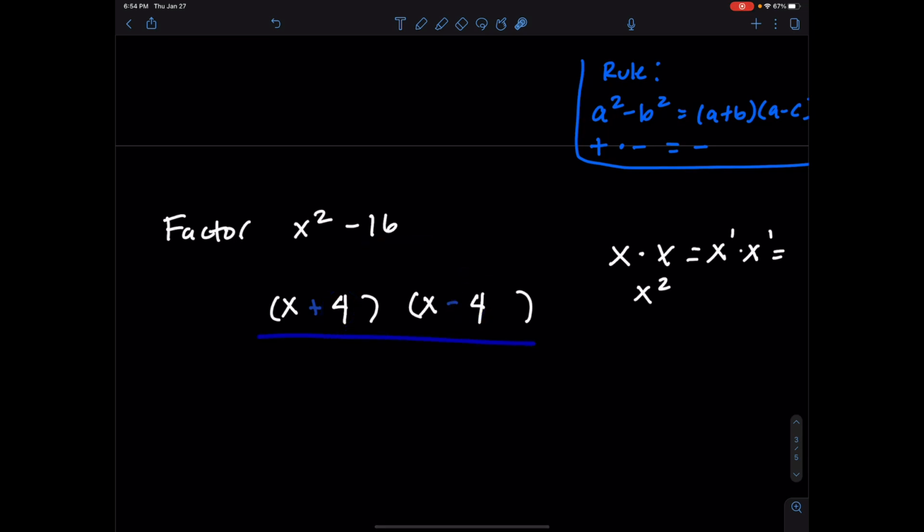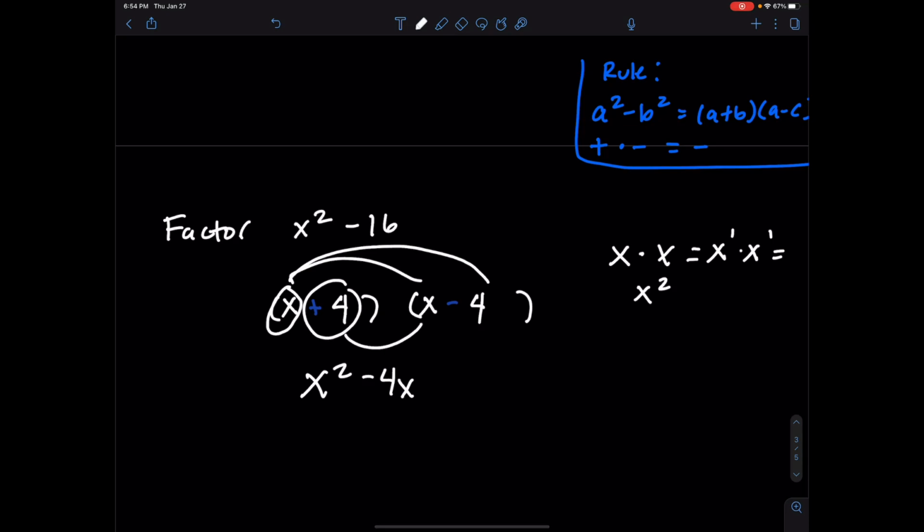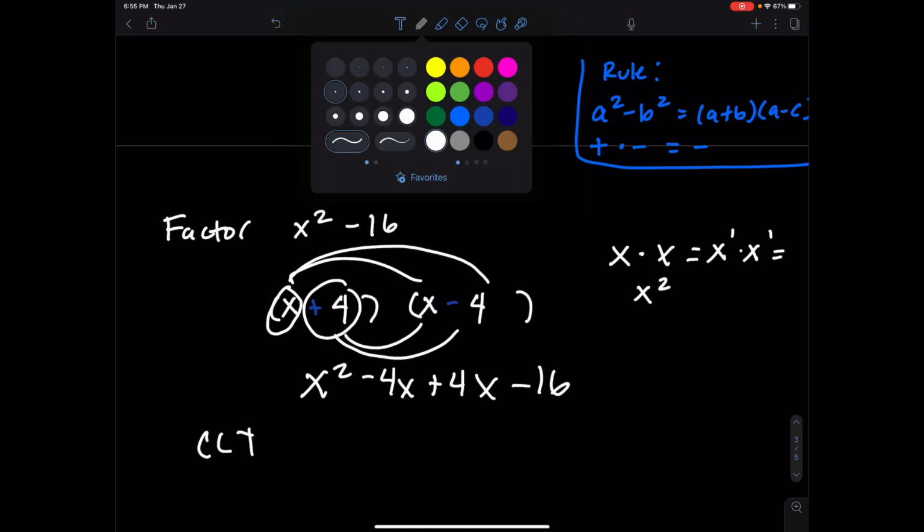Can we show by FOILing that this equals that? Yeah, we can do that. x times x is x squared, and then x times negative 4 is negative 4x, positive 4 times x is positive 4x, and lastly 4 times negative 4 is negative 16. If we combine the like terms, negative 4x plus positive 4x is going to cancel out.